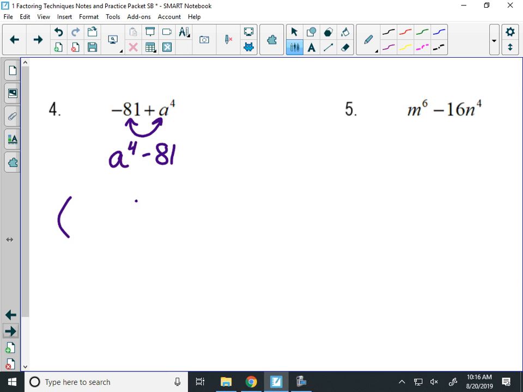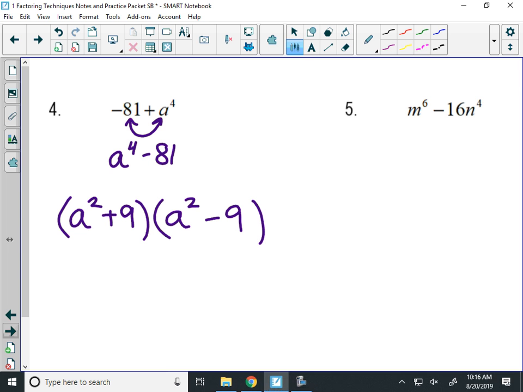So when I take the square root, what's the square root of a to the 4th? A squared. So I'm going to have a squared in both. And what's the square root of 81? 9. So I have a plus 9 and a minus 9. Now here's the thing that gets us sometimes. That's factored. Is it completely factored?